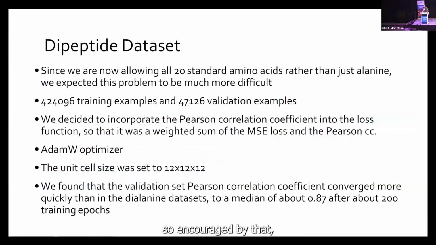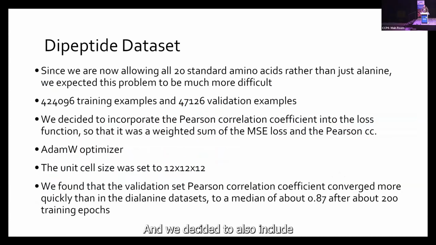Encouraged by that, we moved on to a dipeptide data set where we were looking at all possible dipeptides. In order to do this, we increased the number of training examples.